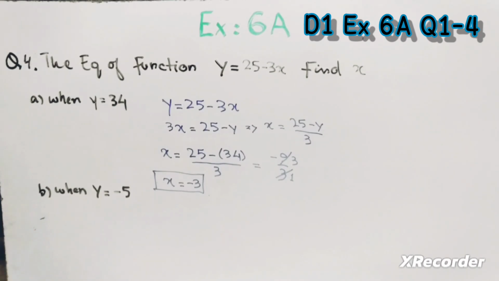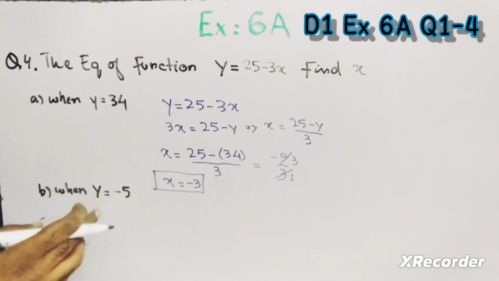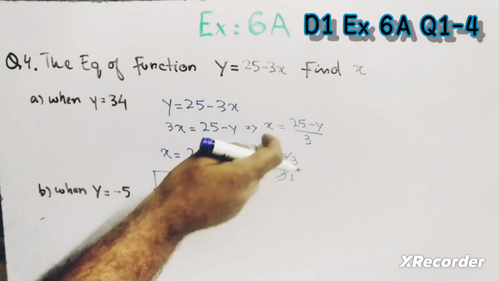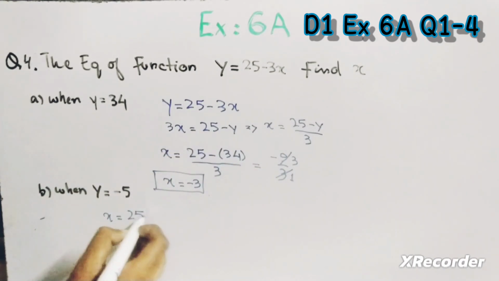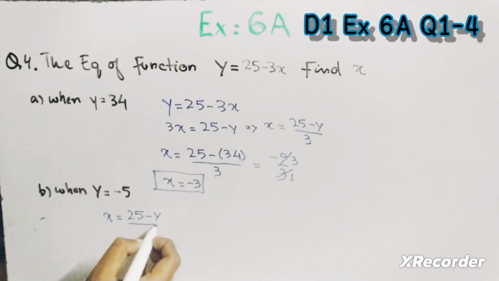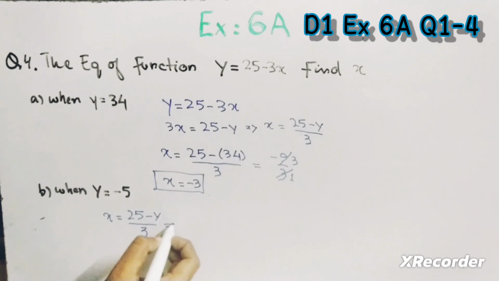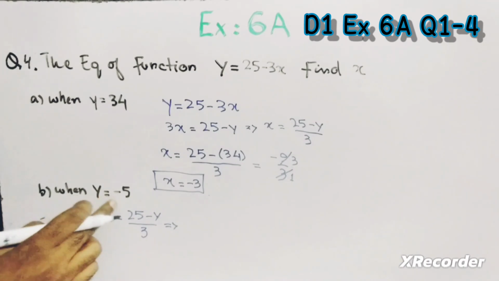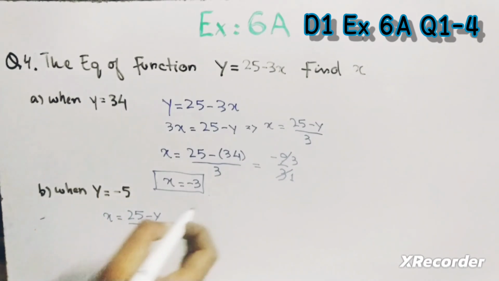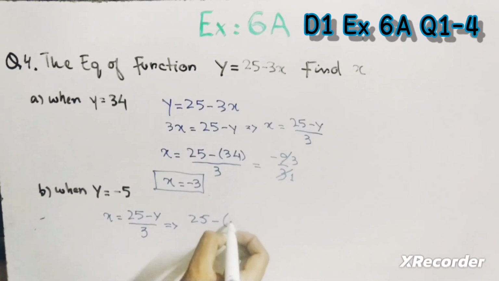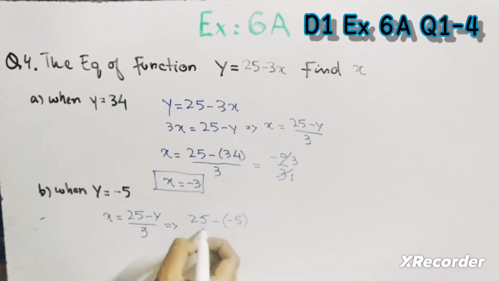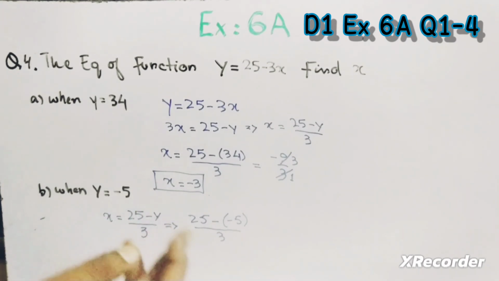For part B, find the value of x when y is equal to -5. So we have our equation, that is x is equal to 25 less y, upon 3. By putting the value of y, that is -5, for part B, we get 25 minus -5, upon 3. So 25 plus 5 is 30.